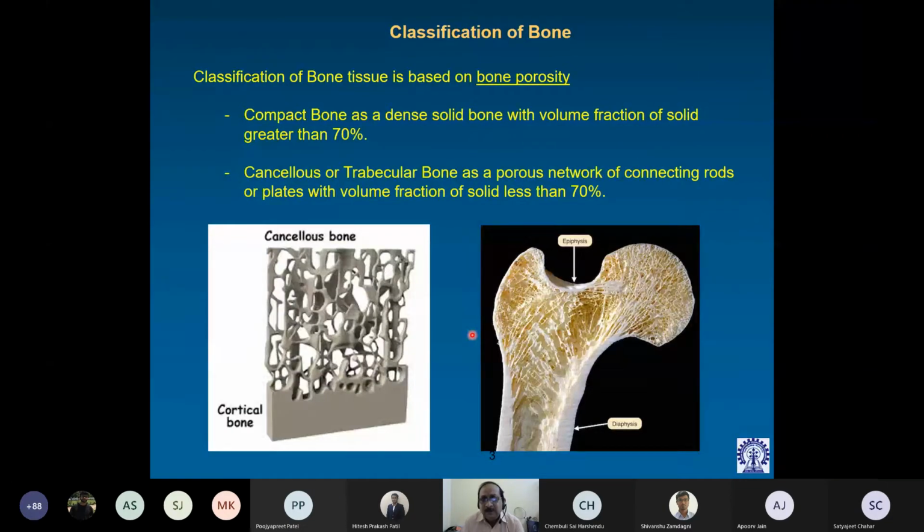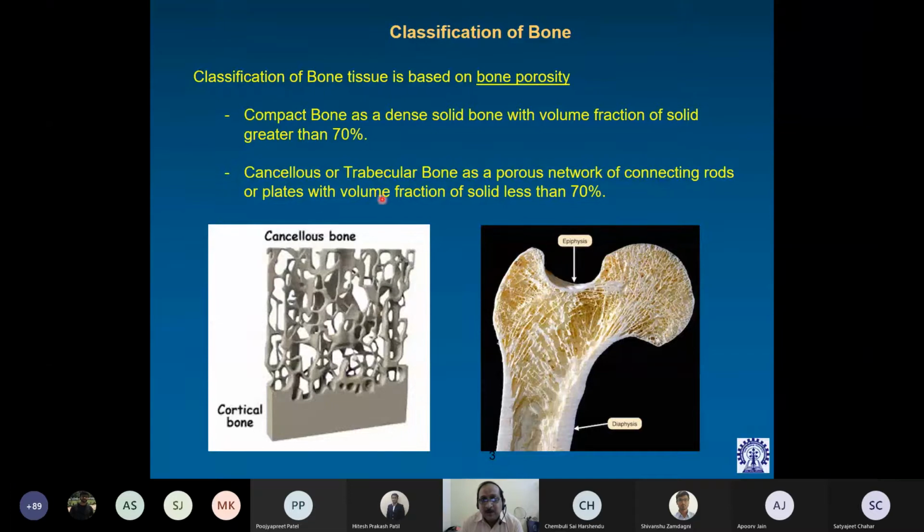Now we classify bone tissue based on porosity. This is very, very important. How do we classify bone? Okay, based on porosity or density. So compact bone is a dense solid, as you can see here in the picture, and which contains actually more than 70% volume fraction of solid.